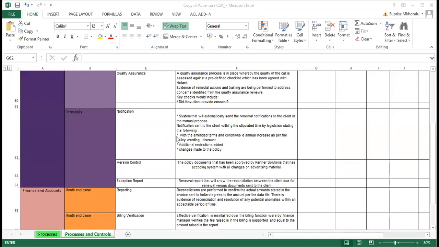So the company has invested, let's see. Can everyone see my Excel again, my blank sheet? No, we want process and control, quality assurance.